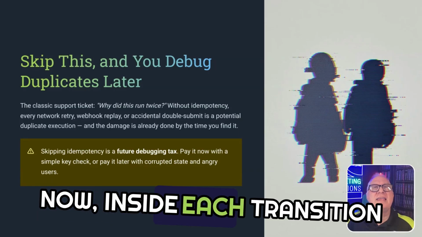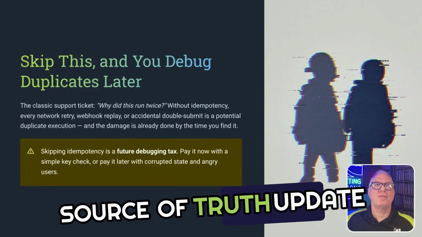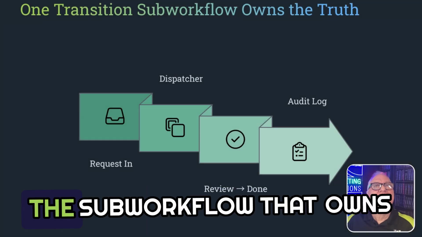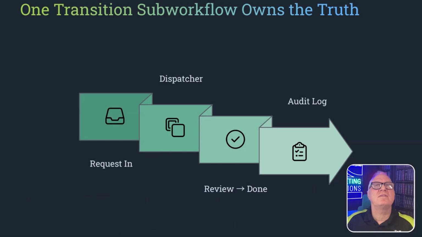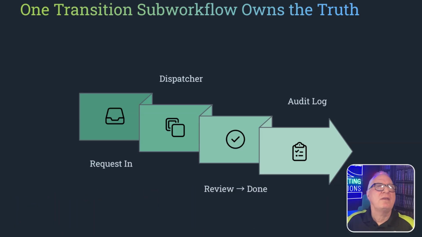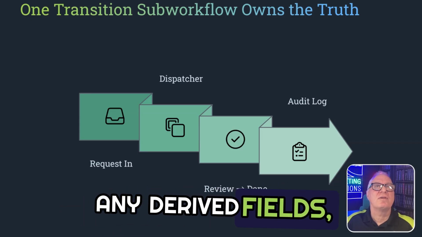Now, inside each transition subworkflow, you want a single source of truth update pattern. Meaning, the subworkflow that owns review to done updates everything that must be true when something is done, not just the status. Also, the done timestamp. The owner field entry changes. Any derived fields.